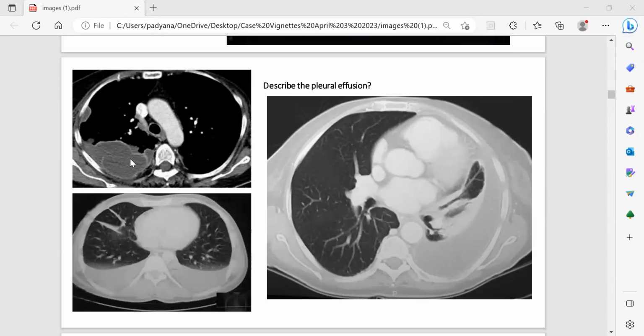Could be empyema. Then the one below is bilateral pleural effusion. And what are the causes? Congestive cardiac failure, renal failure, cirrhosis, then hepatic failure.